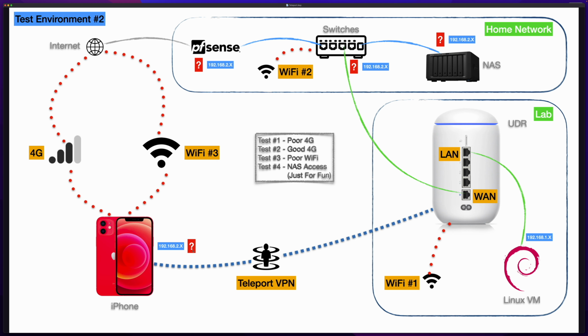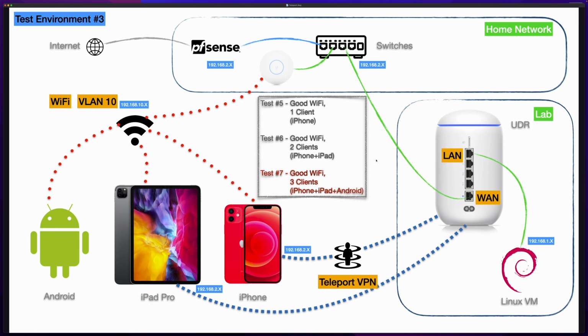Even though the subnet is the same as my home network, I can still proceed if I don't have IP address conflicts. In my next video, I'm also going to use this environment to test the performance. This is even crazier than the previous one. Remember I mentioned I have no good environment to saturate the VPN capacity, right?